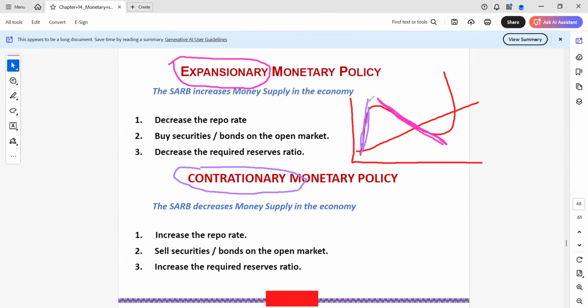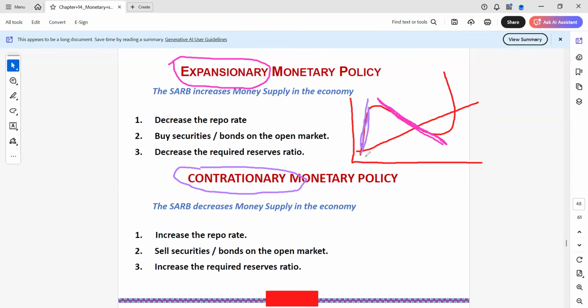Not necessarily full employment, but the unemployment rate is decreasing. Consumption expenditure is increasing. We have economic growth. More goods and services are produced, obviously, because people are employed. Remember, that's what we said with the expansionary phase, that economic activities are high and all of that.